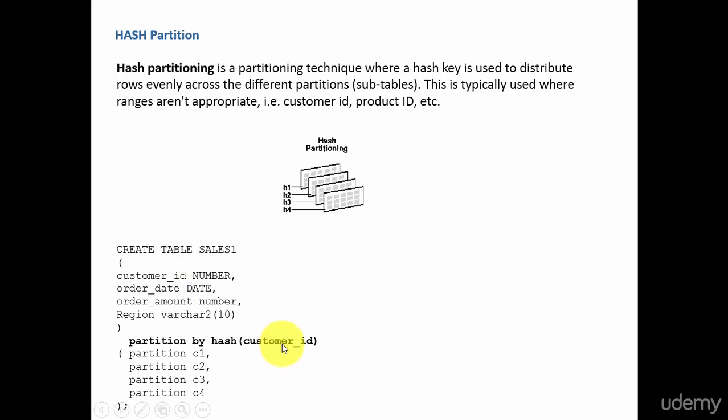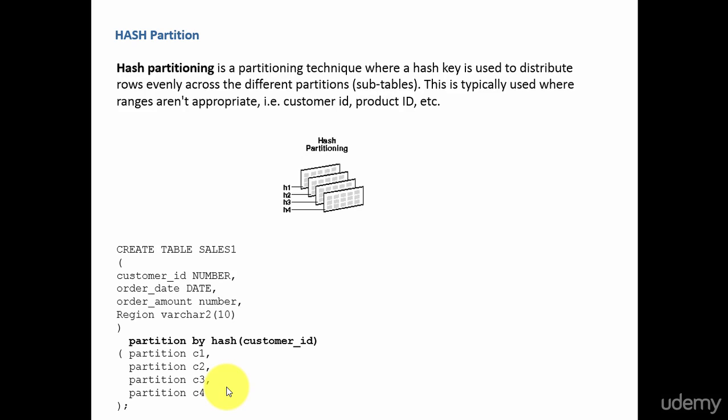Based on the customer ID value a hash key is generated, and that hash key evenly distributes the data between these four partitions C1, C2, C3 and C4. I cannot decide which customer ID goes into which partition. Oracle will generate the hash key, and based on that hash key it will go into the appropriate partition.